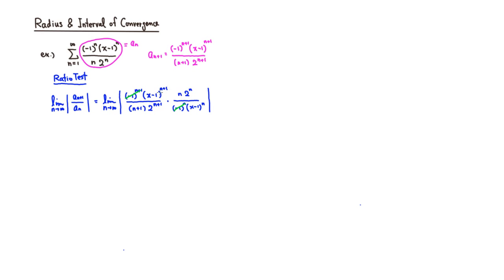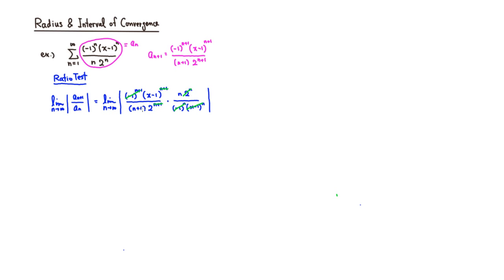Here you have x minus 1 to the n plus 1 and x minus 1 to the n, so we can cancel n of those. I'm going to scratch that out so that I know there's x minus 1 left over. Also, the 2 to the n cancels with the 2 to the n plus 1, so I'll scratch out the power so I know there's an extra 2 left over on the bottom.